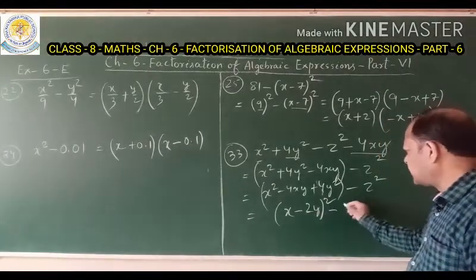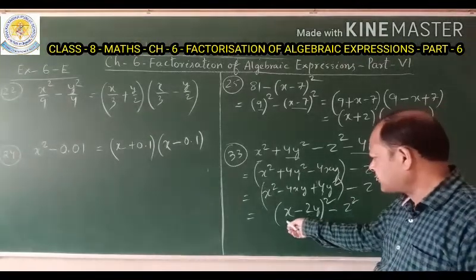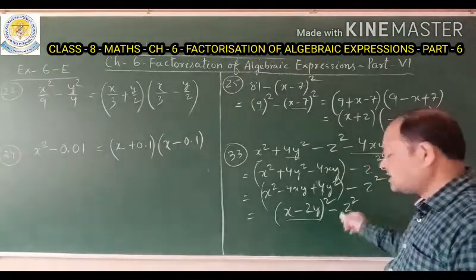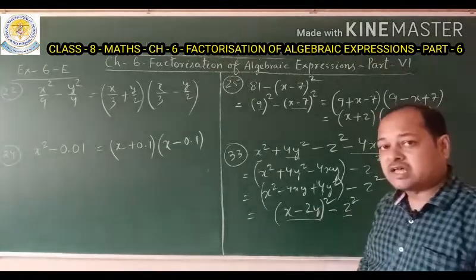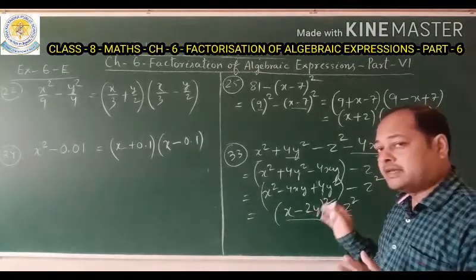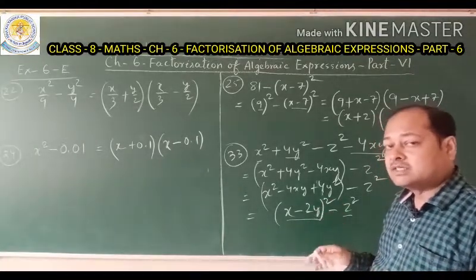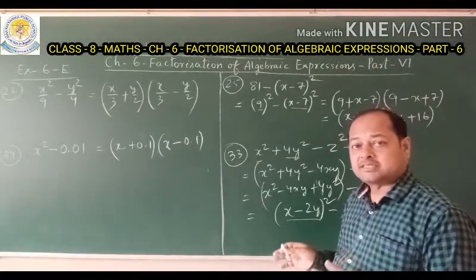Now look at this term, minus z square. So this (x minus 2y) square is a square and z square is b square. So for a square minus b square, what is the formula? It is (a plus b) into (a minus b), which is the same as a square minus b square.